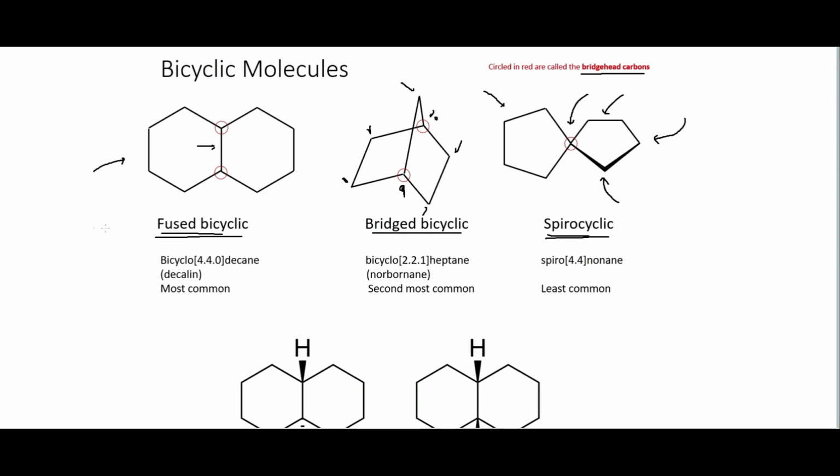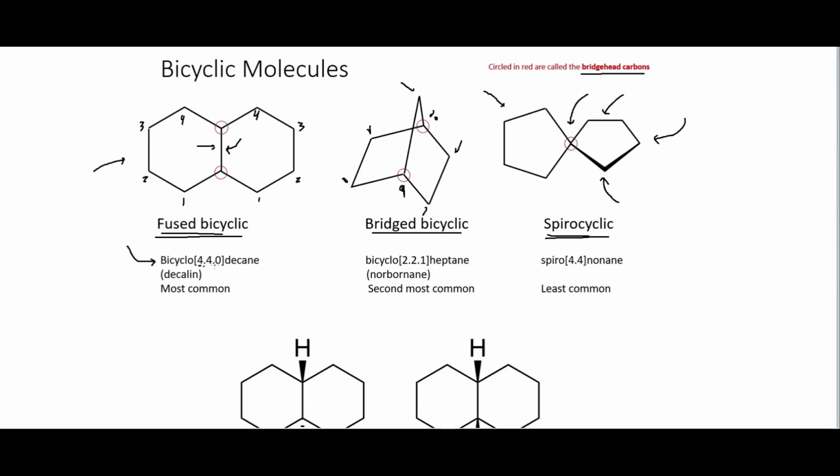Then we have the naming convention here. So we see this bicyclo 4,4,0 decane. And so the numbers in the square brackets here are just the number of carbons in each ring. On this one here we have 1, 2, 3, 4, and then here we have 1, 2, 3, 4, and so that is what the 4, 4 is. And then the 0 comes from the fact that there are no other carbons between the two bridgehead carbons.